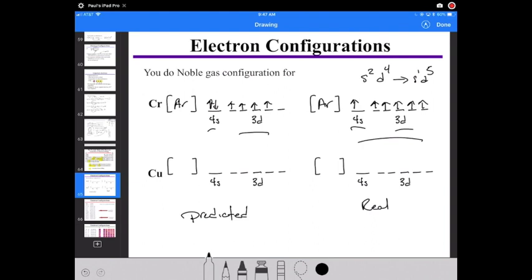Okay? For copper, I would predict this. Copper has 29. That is how I would fill 29. But for real, what happens? Copper does this.